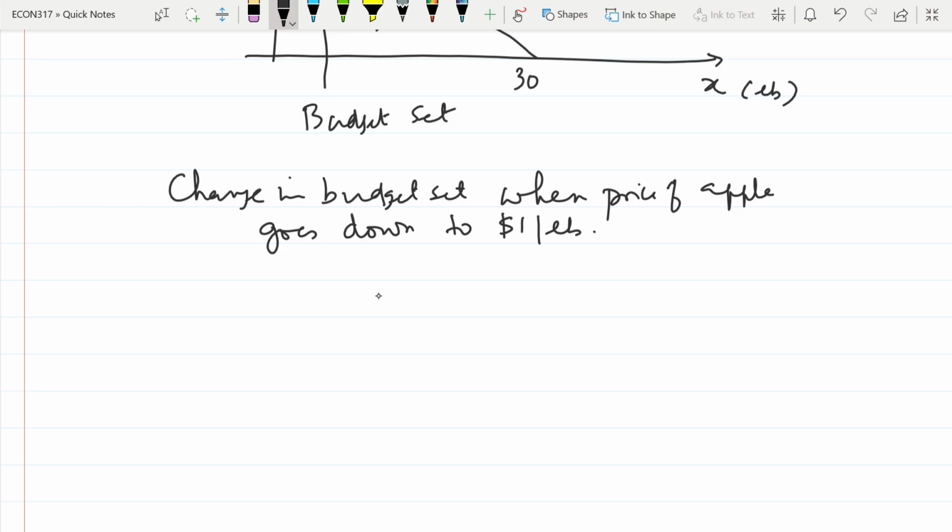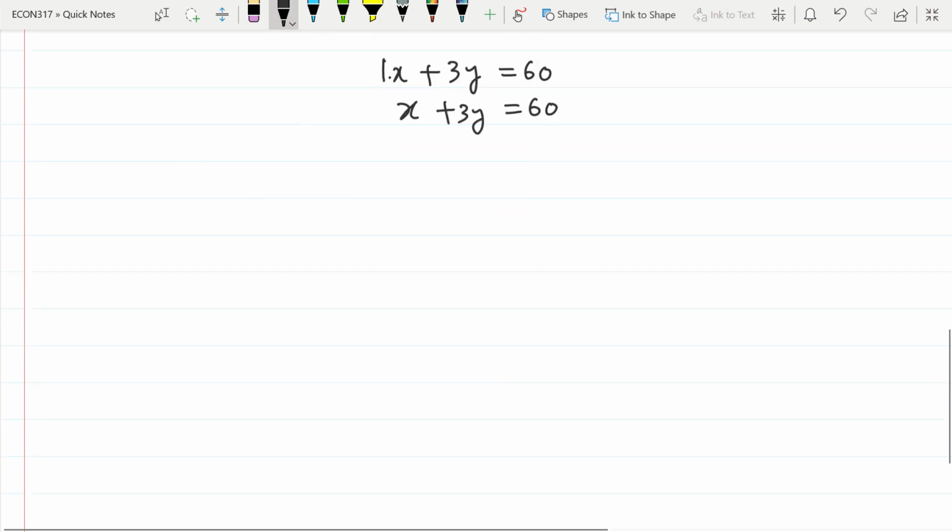I know if I go over the same steps, I will be able to write down the new budget set. Money spent on apple, 1 times X. Money spent on orange, no change there, 3 times Y, and we have $60 at hand. So this is the budget line. When we multiply a number by 1, we don't mention 1. So X plus 3Y turns out to be 60. And so this is the new budget line.